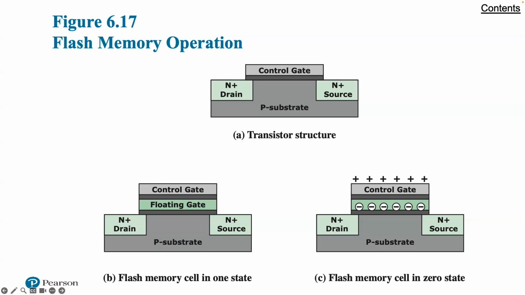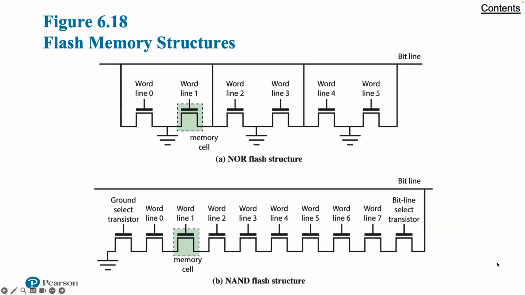Applying a large voltage in the opposite direction removes the electrons from the floating gate, returning it to a state of binary 1. An important characteristic of flash memory is that it's persistent memory, which means that it retains data when there is no power applied to the memory. Thus, it is useful for secondary, that is external, storage, and as an alternative to random access memory in computers. We'll get into some more of those applications in the next lecture.